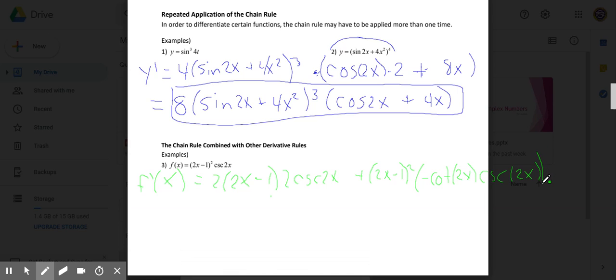And then, okay, so this was all the derivative of the cosecant 2x, but we have to multiply by the inside, so multiply by 2. Okay, so that's a lot.